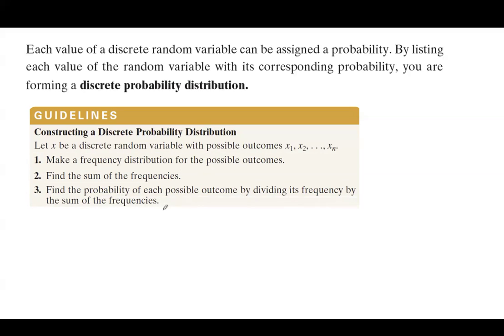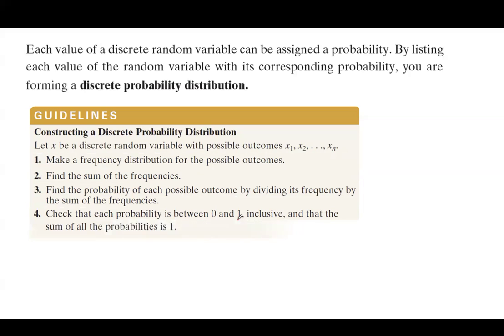In the next step, check that each probability is between 0 and 1, like 21%, 13%, 60%, 71.5%, and so on. If you add them all together, it must equal 100% or 1. So you're making sure all the steps are correct.